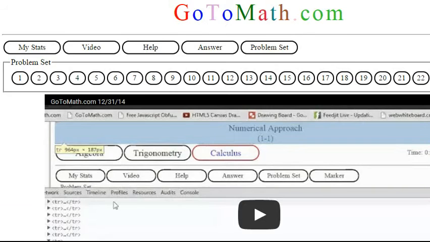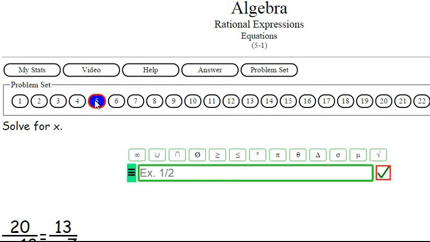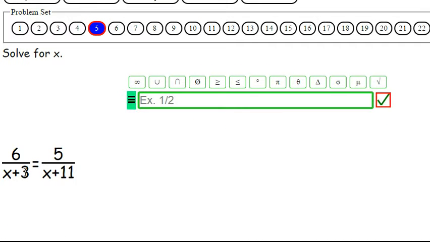Okay, we're over here at gotomath.com, and we're looking at 5.2. Alright. And wouldn't you know it, I'd get the cursor in the way of that.